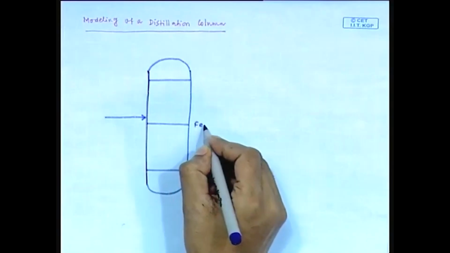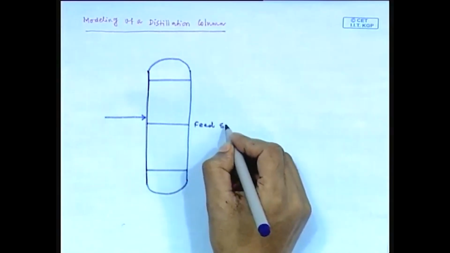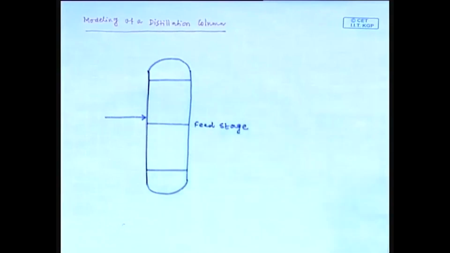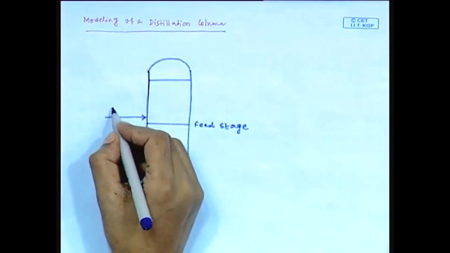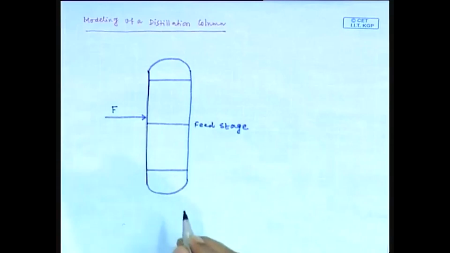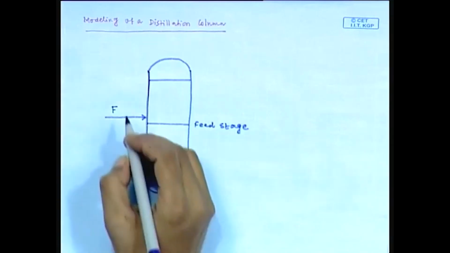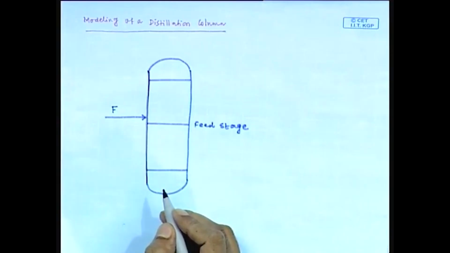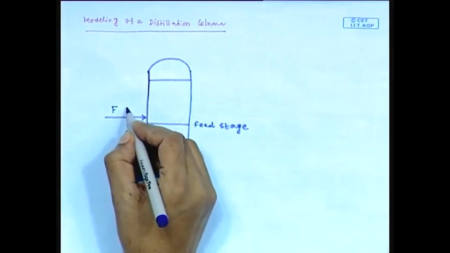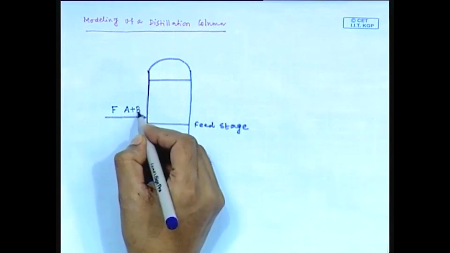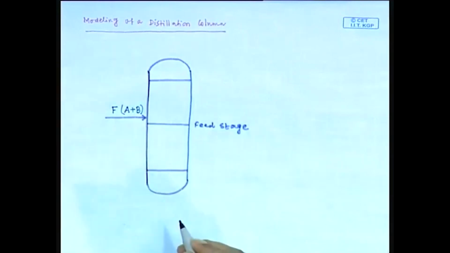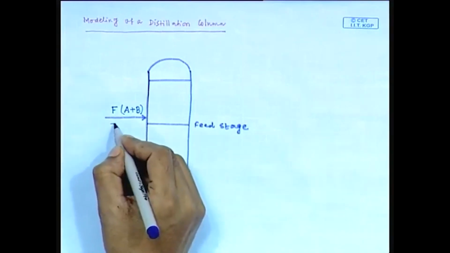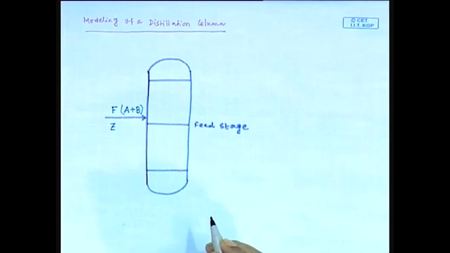This is the feed stage, or feed tray. Feed has the flow rate of F. Suppose this feed mixture contains only 2 components, namely A and B. The composition of this feed mixture is Z.